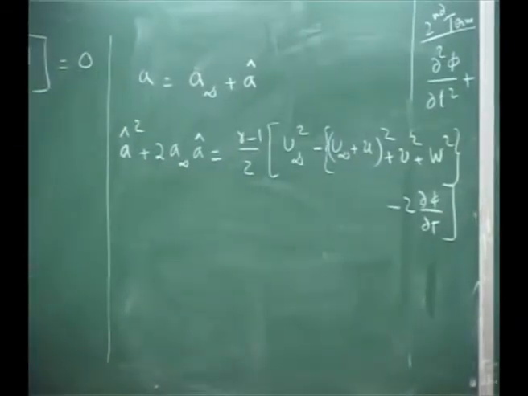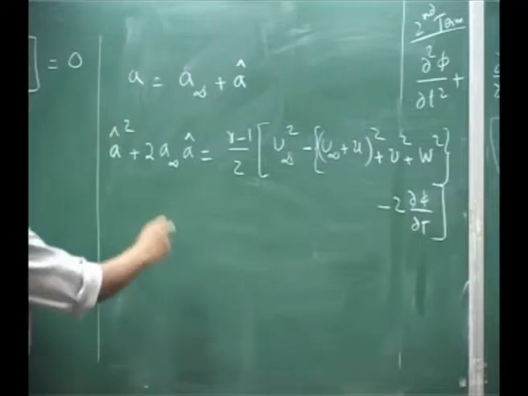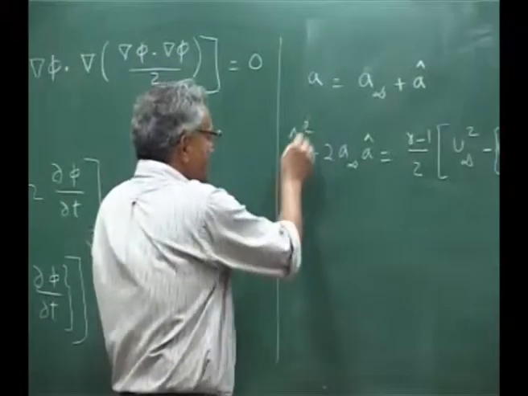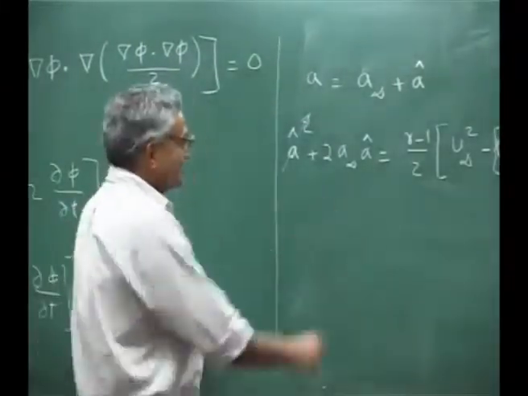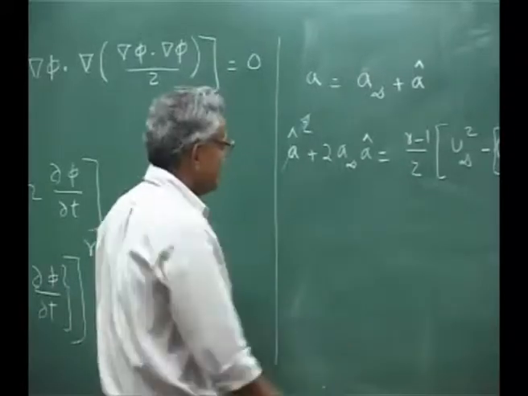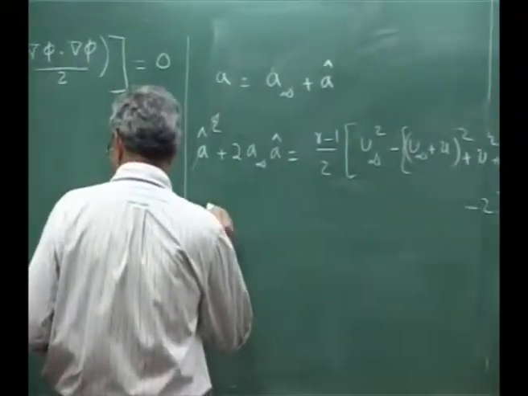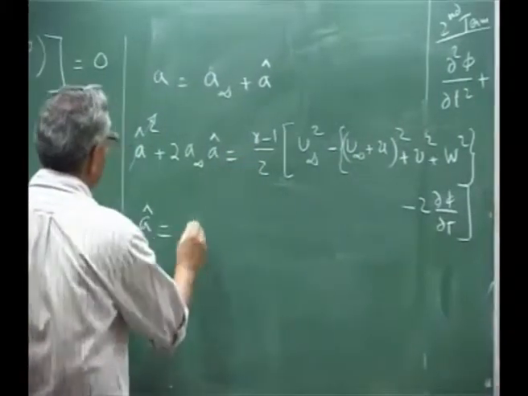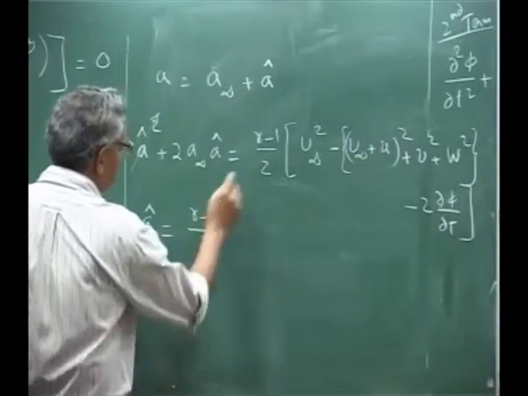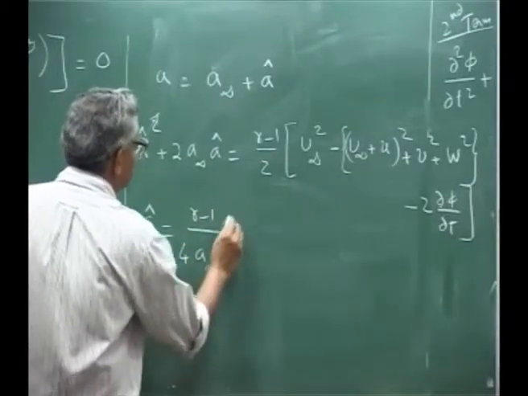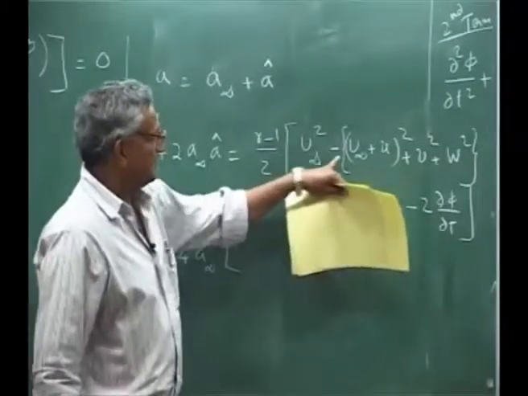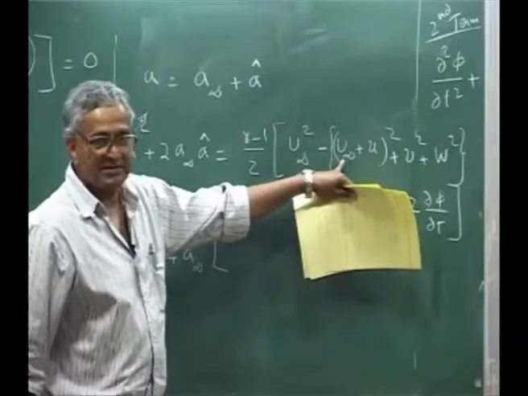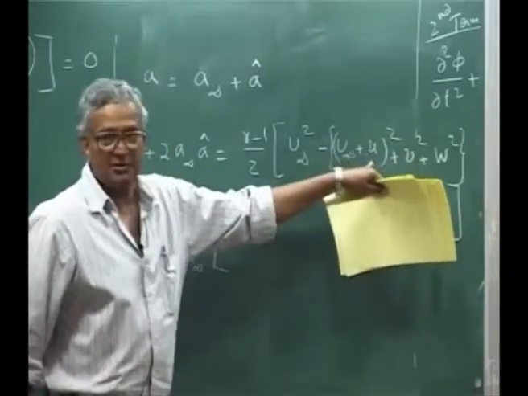Now what I can do is make an approximation that this a hat is small, therefore I throw this term out and use only this term. So my a hat will become gamma minus 1 over 4 a infinity times, u infinity square will go away, leaving behind minus 2 u infinity u.